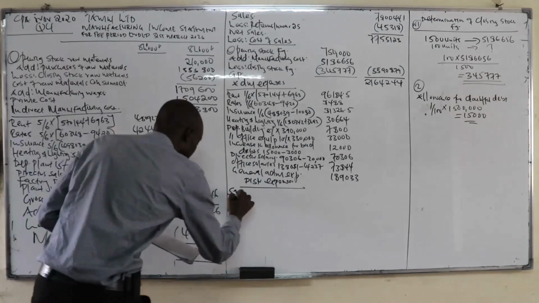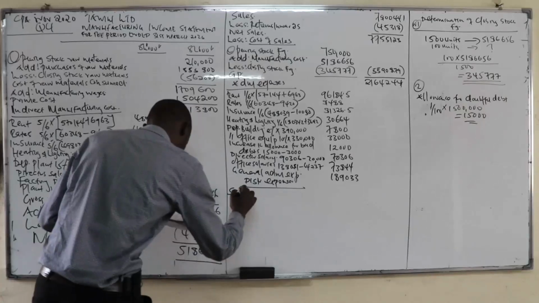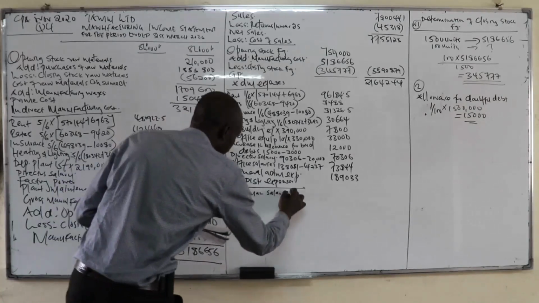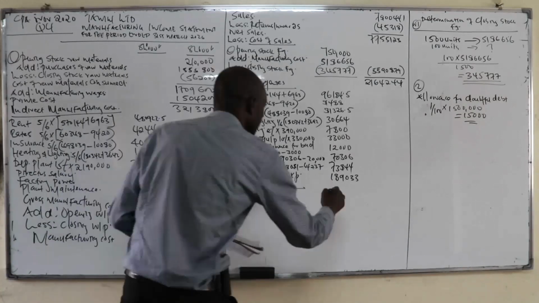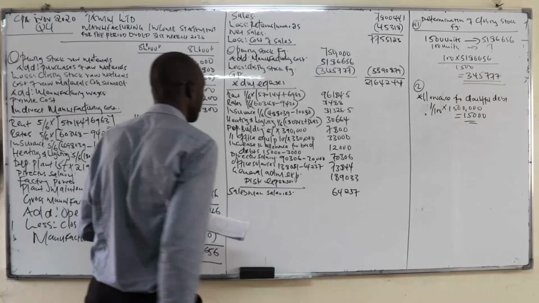Salesman salary. How much is it? 64,237, isn't it?